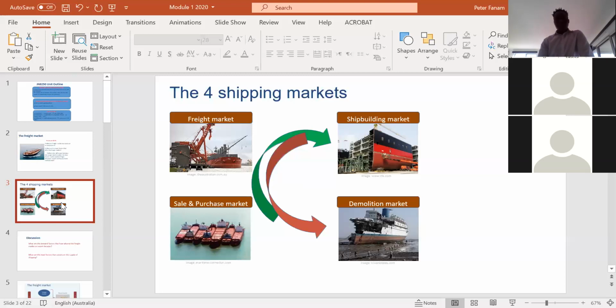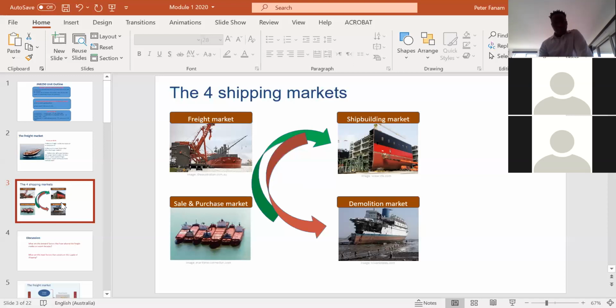If, for example, the overall total capacity in the market is 200 million DWT, when a ship is sold in the second-hand market, the total capacity in the market still stays the same. It doesn't change. It's only the money that changes hands from one ship owner to another.